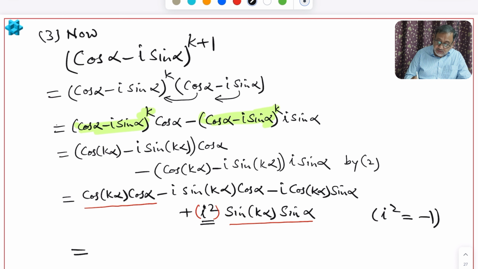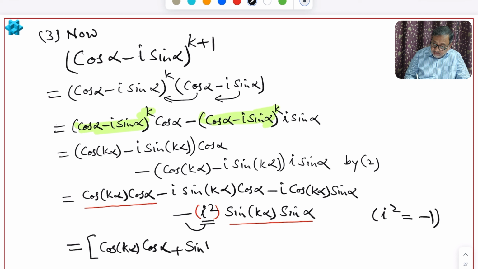These two together I will put here. So cos k alpha into cos alpha plus, because minus and minus will be plus, sin k alpha into sin alpha.